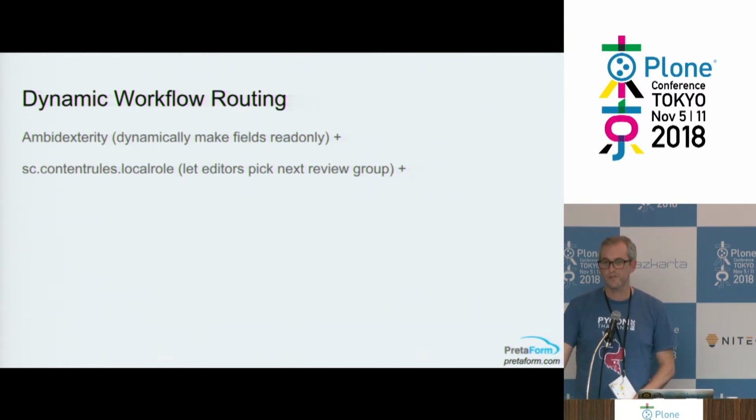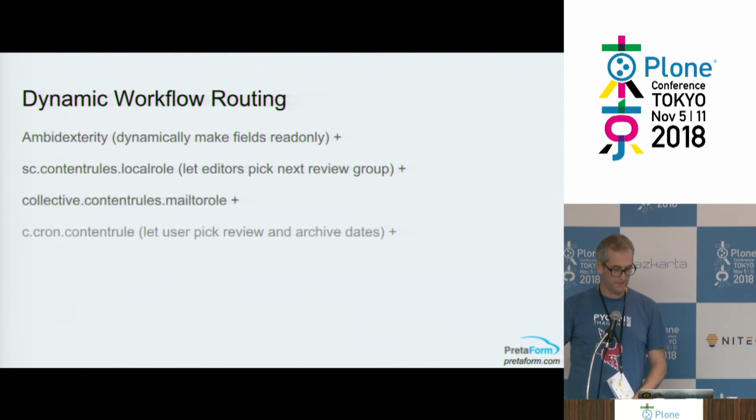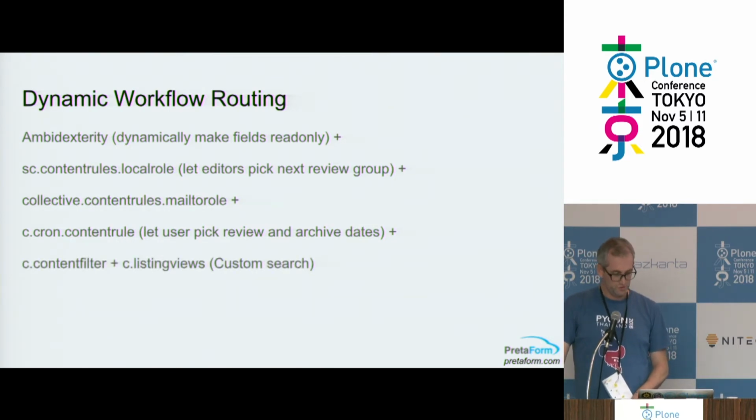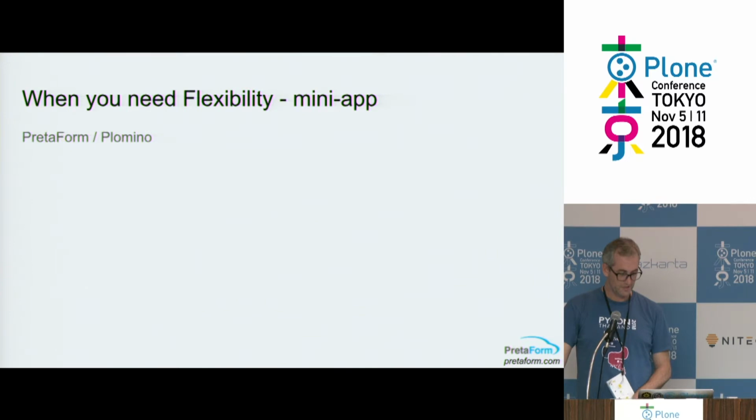We're going to modify this to pick out a particular value from a field and make that the local role, and then we mail them. We're also going to modify collective cron to have content rules, to be able to do things on content based on dates within the content, which takes a bit to get your head around.